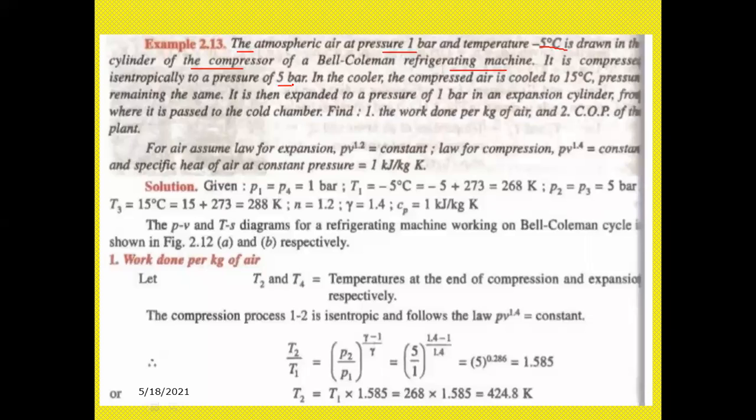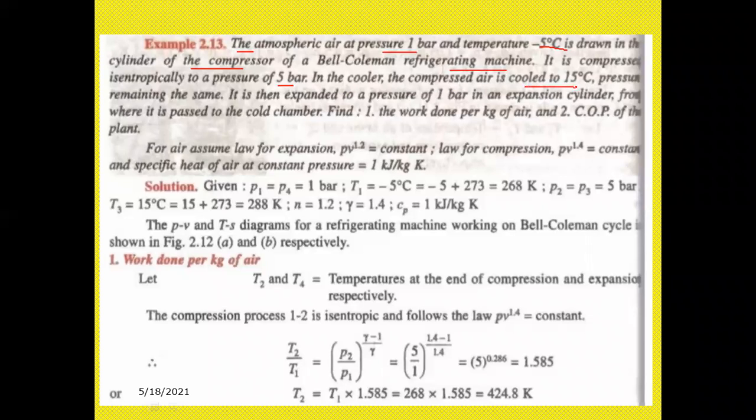Compressed isentropically, expanded isentropically, so cycle 1, 2, 3 or 4. Immediately you get the picture into your mind and you can draw, then you can write the given data correctly. So in the cooler, compressed air is cooled to 15 degrees centigrade.